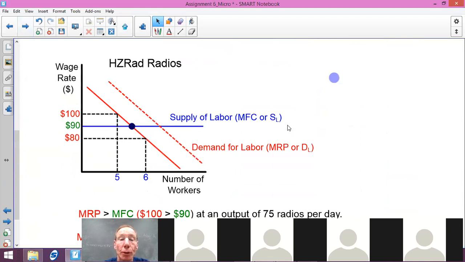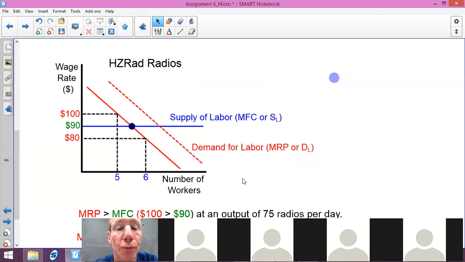So for the problem, all you really need to have is the wage rate here, 90 here, number of workers here, and the horizontal supply of labor, or the marginal factor cost curve, or the supply of labor. You can do it any way you want this way. Now I've added all this in. I've added the demand so I can better explain the problem, okay?